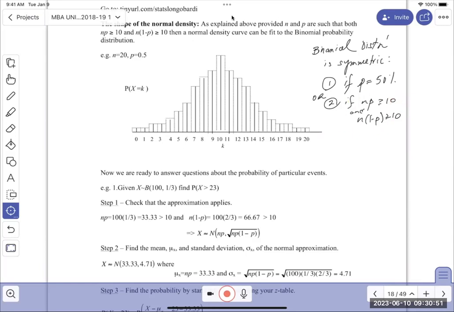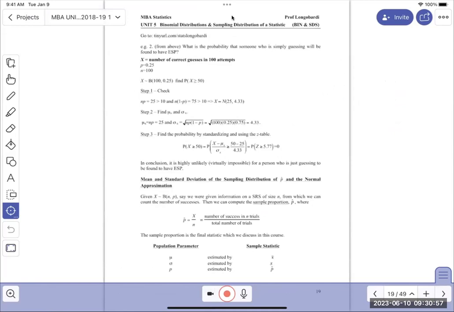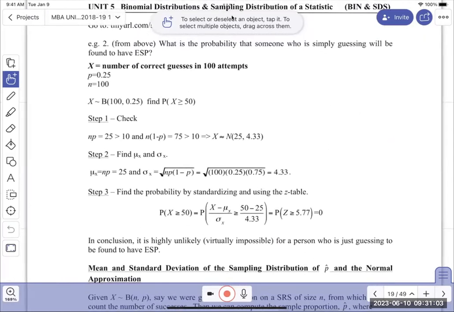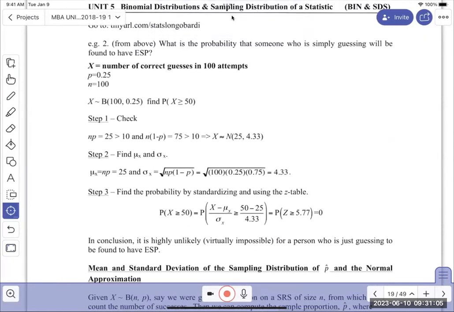So I spent some time practicing solving problems, and ultimately I want to get to the ESP problem here, page 19, where we finally answer the question about ESP. Now, to see if a person is just guessing, what's the chance that they actually would be found to have ESP?